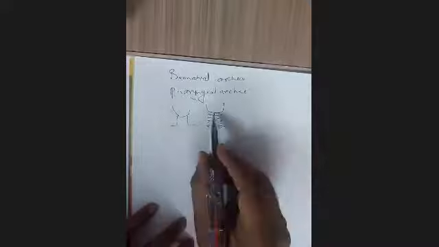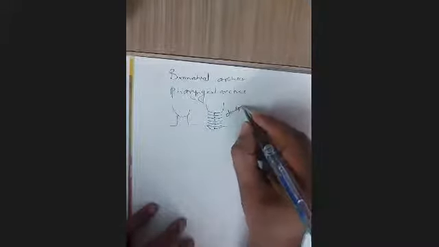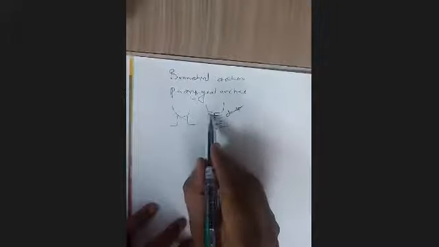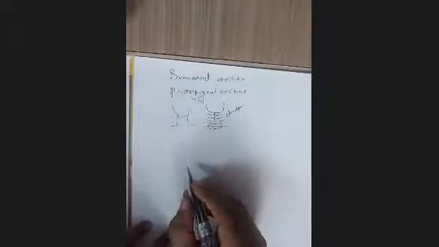So our neck during development is like this. This is arch number 1, arch number 2, arch number 3. The neck is not smooth.